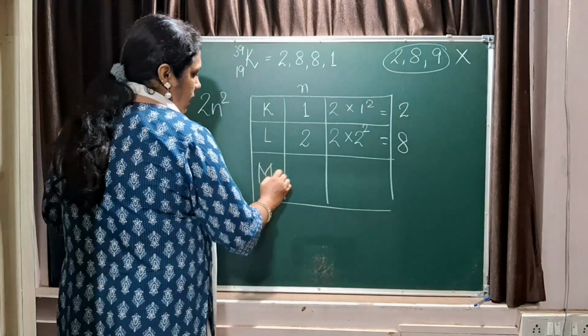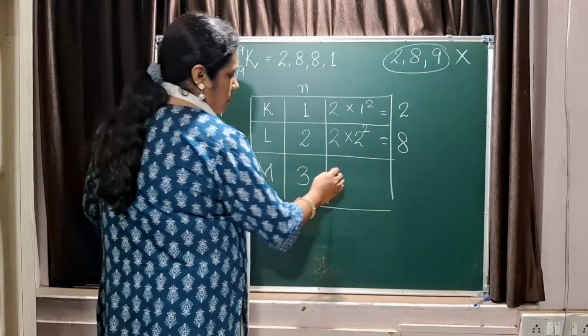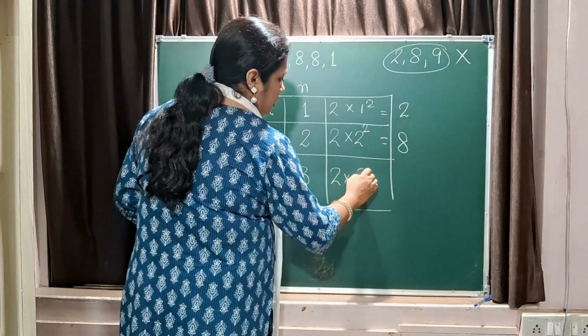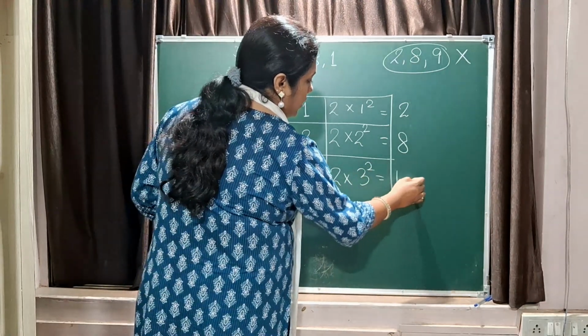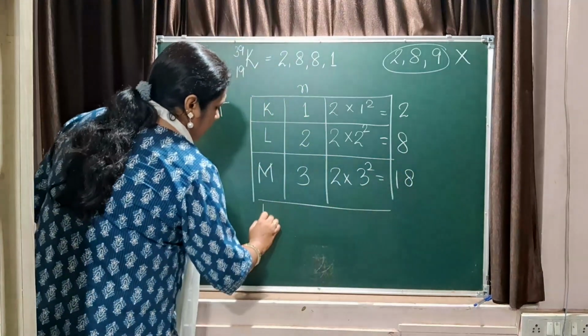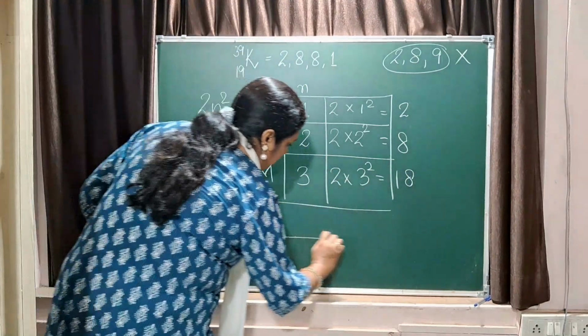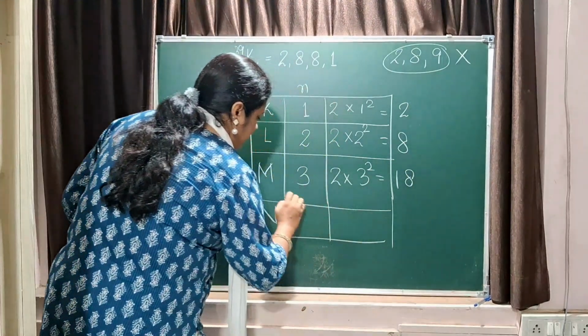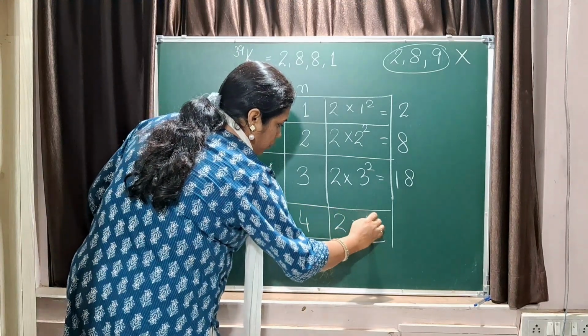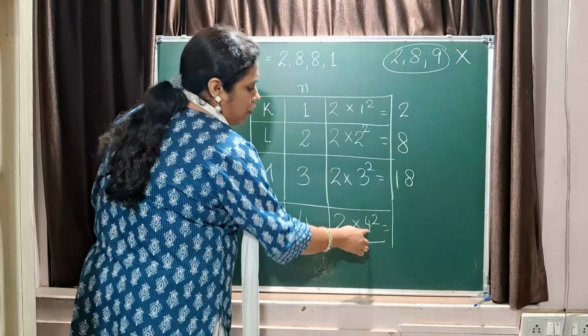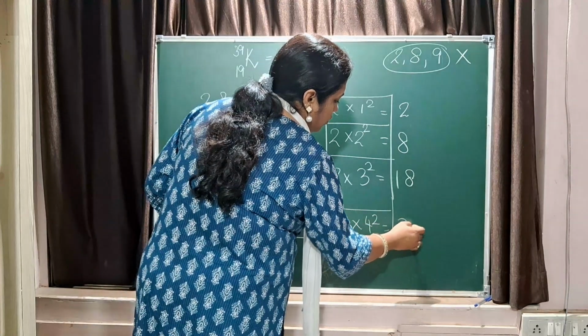M shell, n value is 3. 2 into 3 square, that is 3 threes are 9, 9 twos are 18. And the N shell, n is 4, that is 2 into 4 to the power 2, that is 4 fours are 16, 2 sixteens are 32.